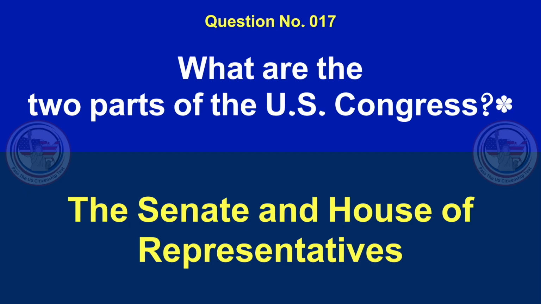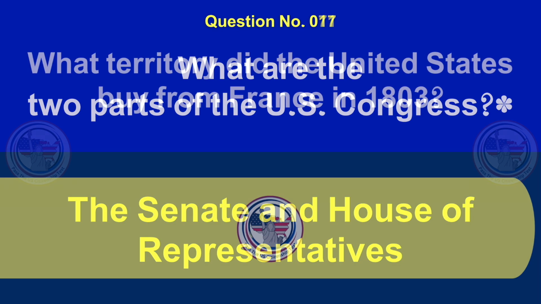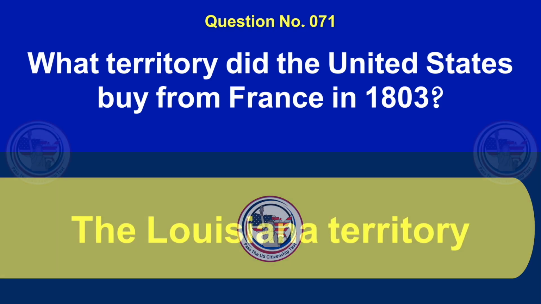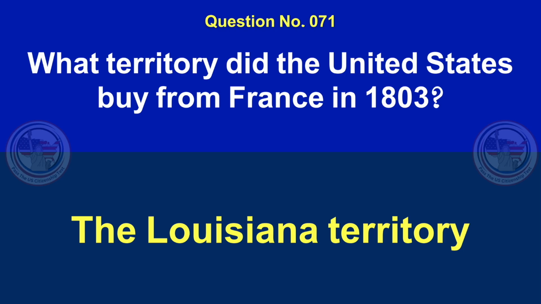The Senate and House of Representatives. What territory did the United States buy from France in 1803? The Louisiana Territory.